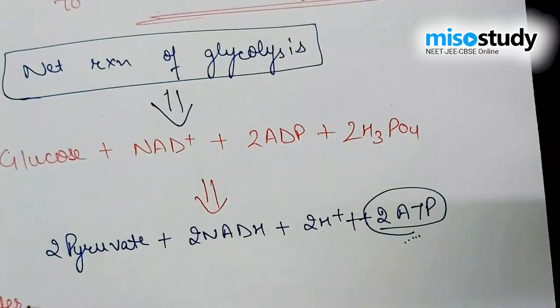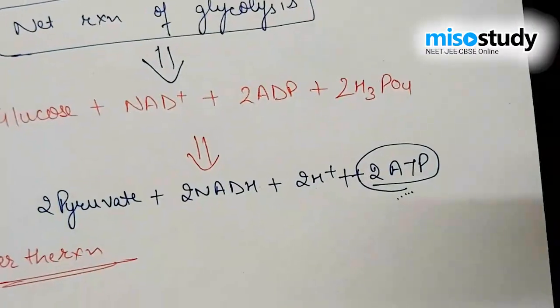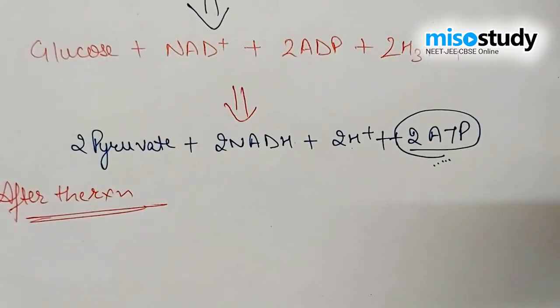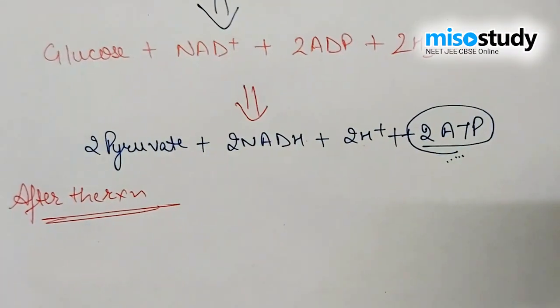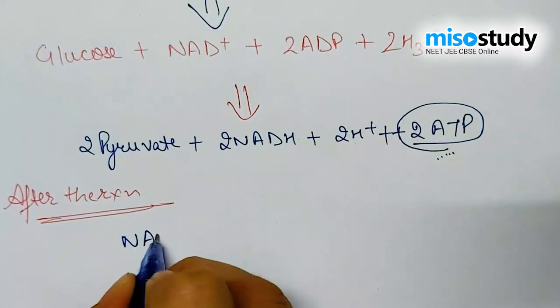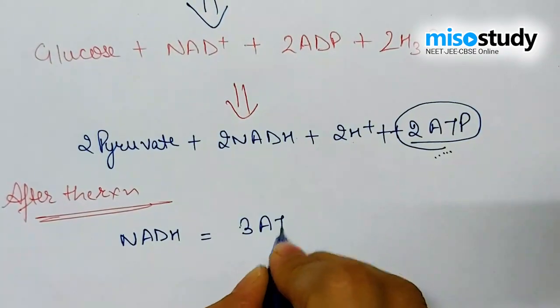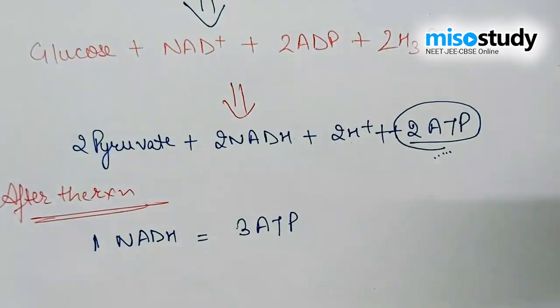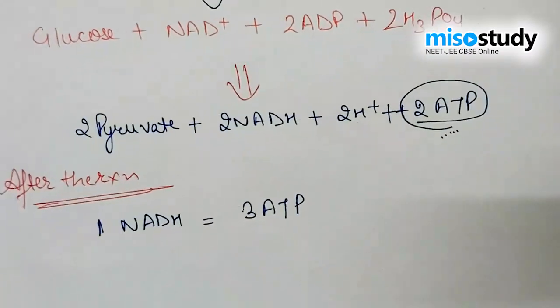And after the reaction, when we calculate the total product, even the NADH and the ATP, then we all know that NADH is equivalent to 3 ATP. NADH is equal to 3 ATP.